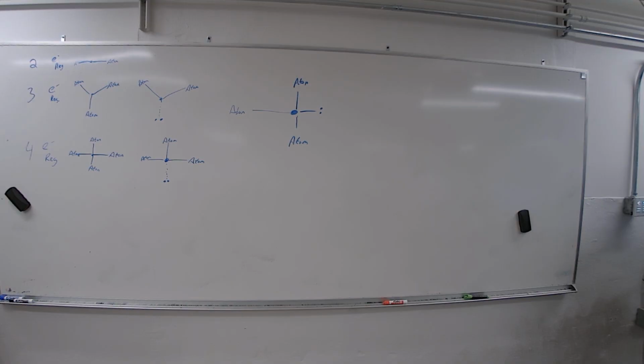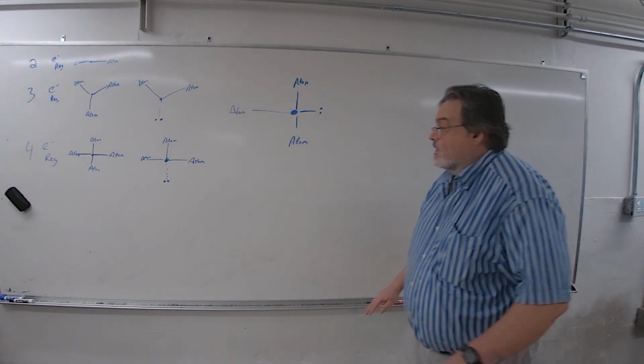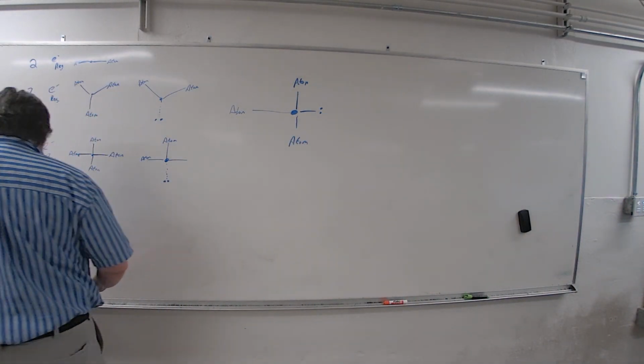Trigonal pyramid? Yep. Were you looking at the cheat sheet? Yeah. Only a few of these, it doesn't take a lot of thinking. This one's misleading, but how many things around it? 4. Yep. 2 of them are pairs.